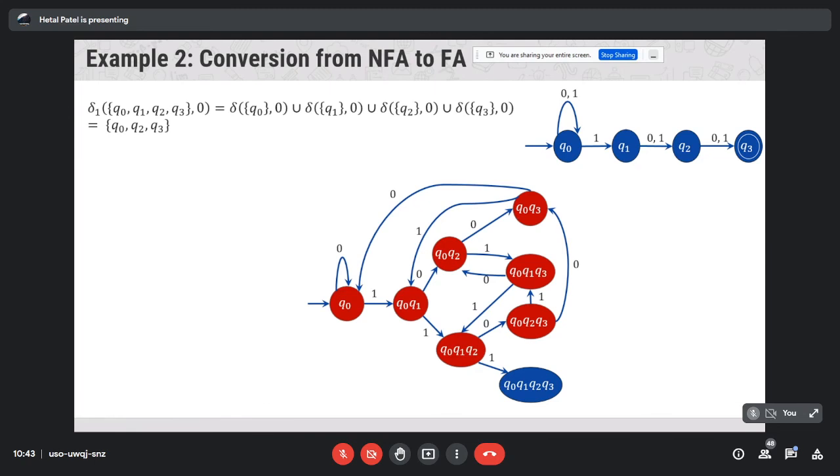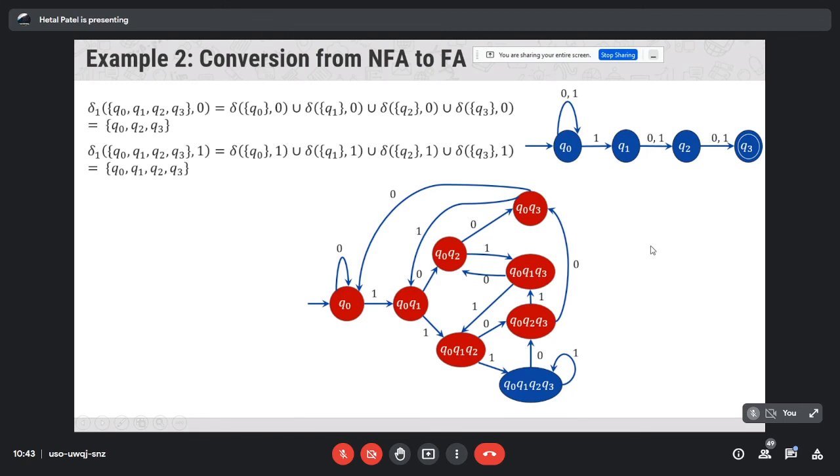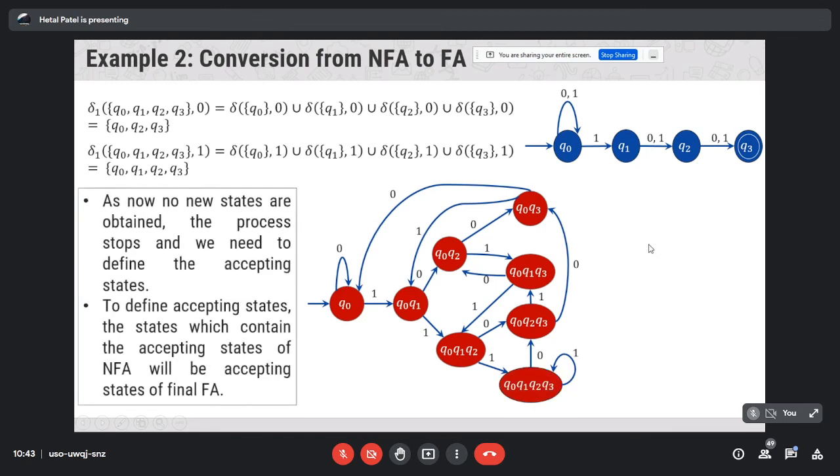It is a lengthy process. Do it calmly, but cross check once. And just check the final states: which states become final and why. Okay, have a look once. Q3 is a final state, and every state in which Q3 appears is made a final state.